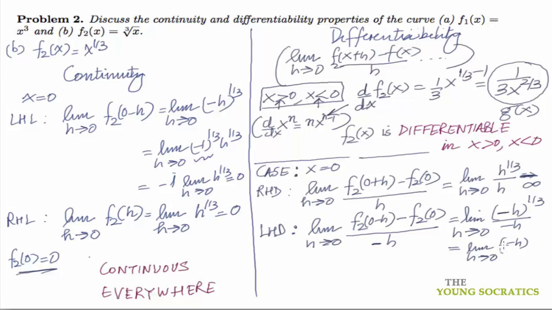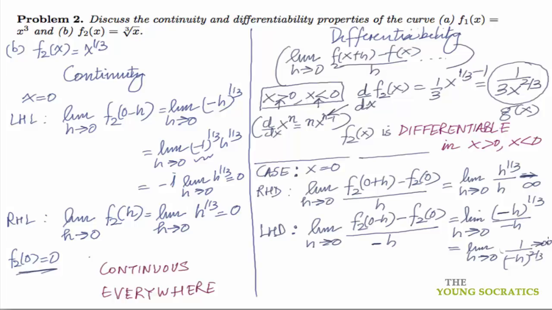I beg your pardon, this will be 1 over (minus h)^(2/3). So when we take the square inside, minus 1 squared is 1, so it will be 1 over h^(2/3), exactly like this, and this will go to infinity.